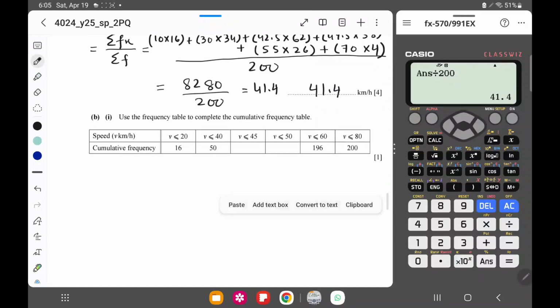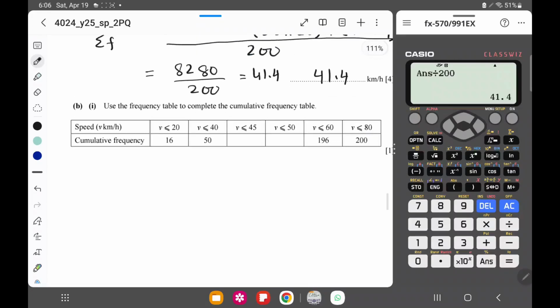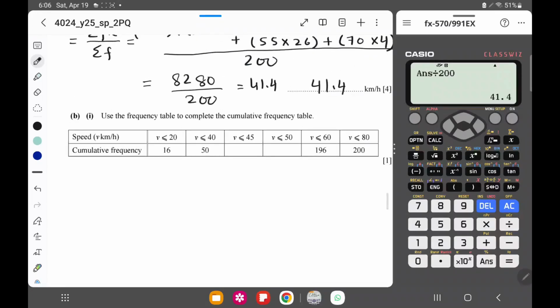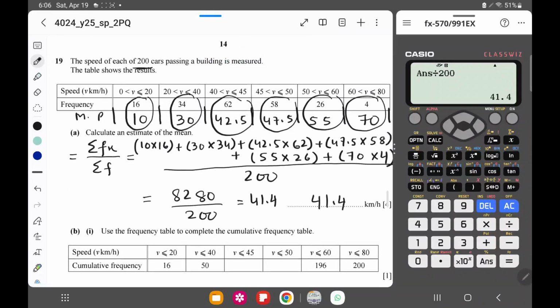Use the frequency table to complete the cumulative frequency table. Cumulative frequency means 16 is the first one. 16 plus 34 is 50.